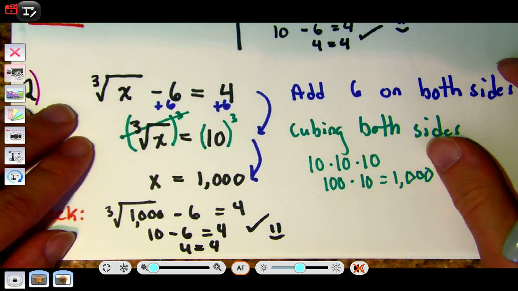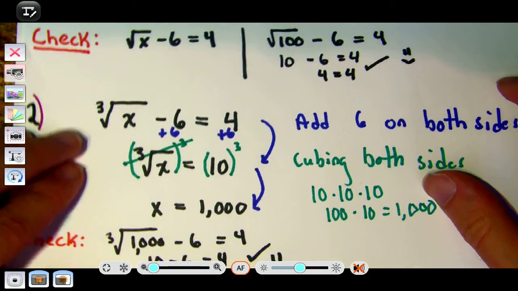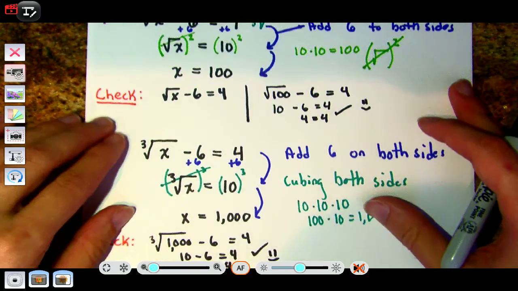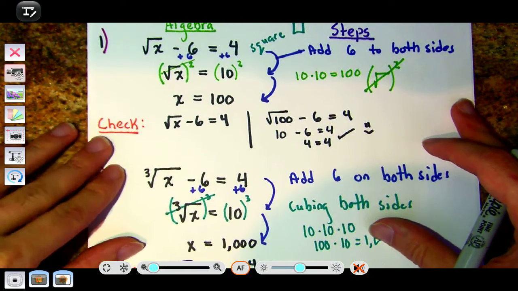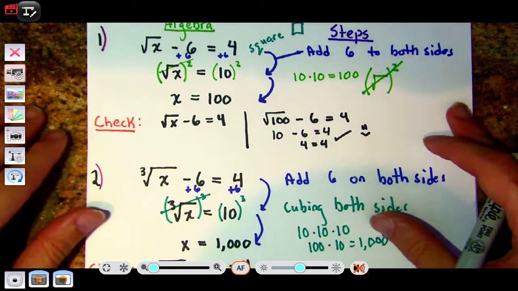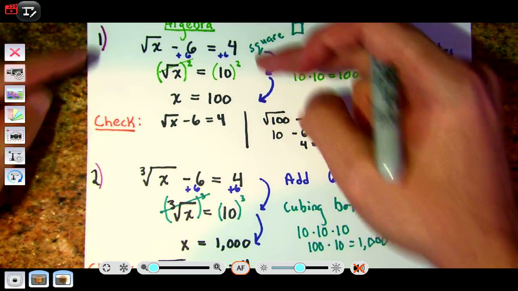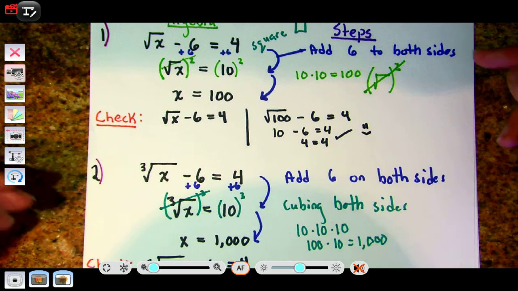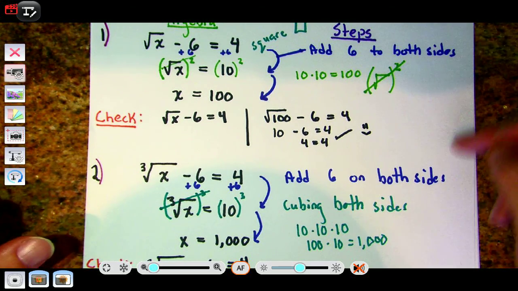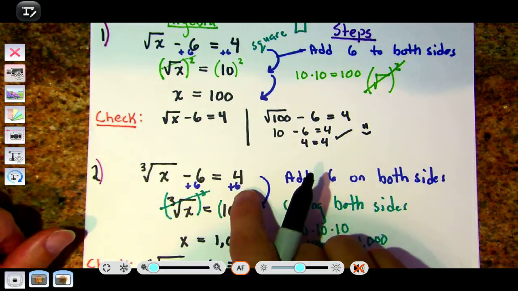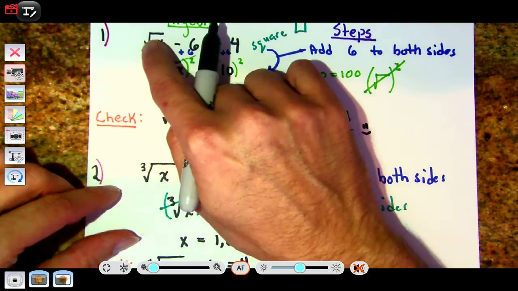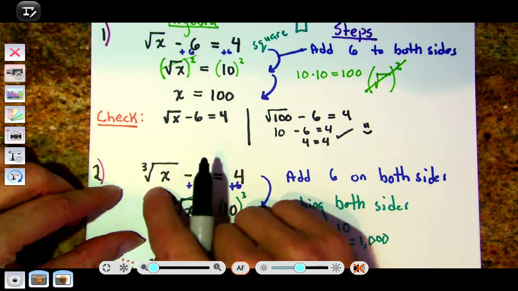Okay? So here, the question I ask is, what was the general strategy for solving questions 1 and 2? What was the motivation of the first move of adding 6 to both sides? How do we solve equations where we have these radical symbols or these cubic root symbols?